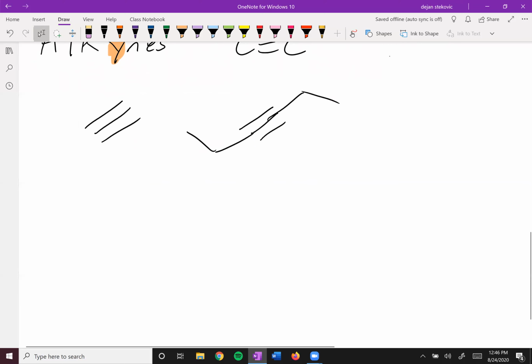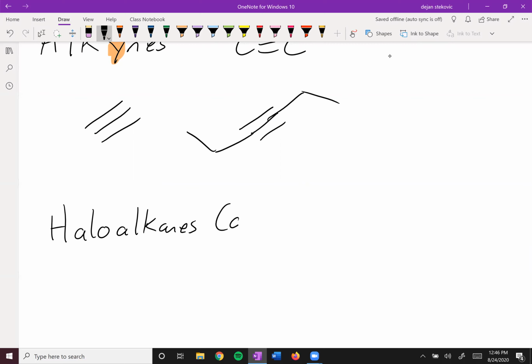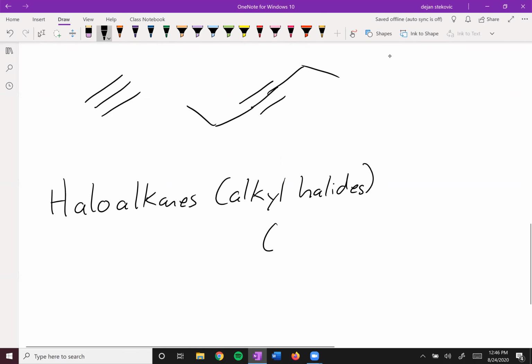So there's the types of carbon-carbon bonds we can have, right? Single, double, or triple, and now we can decorate them with other heteroatoms. So we can have halogens. These are known as haloalkanes, or alkyl halides, either or. And so this has some kind of C-X bond, and X is very often used as a halogen, right?